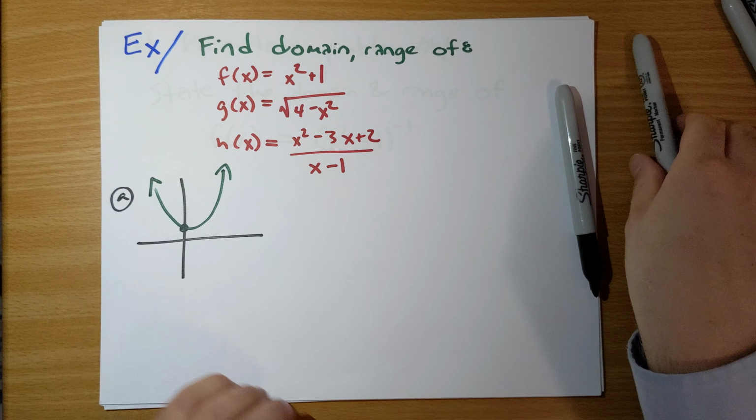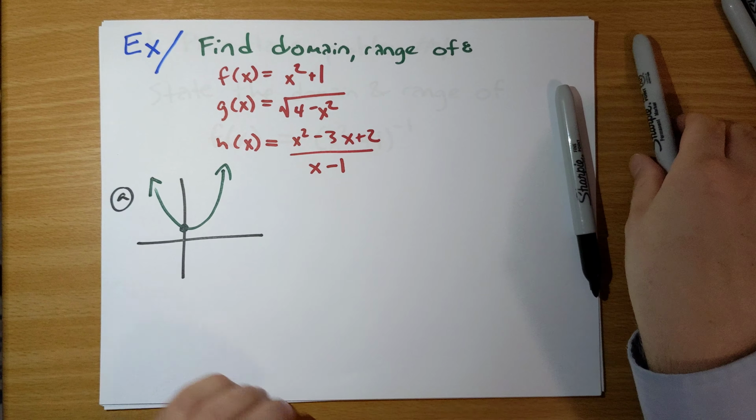And so first off, the domain is going to be all real x. We can write that as this fancy R, or negative infinity to infinity, because we can plug in any x that we want to here, and that will be okay.